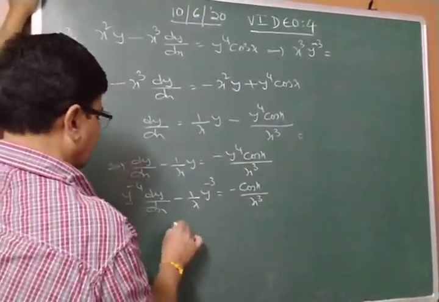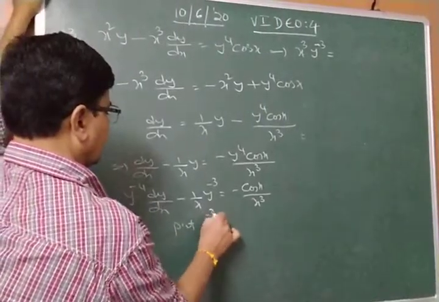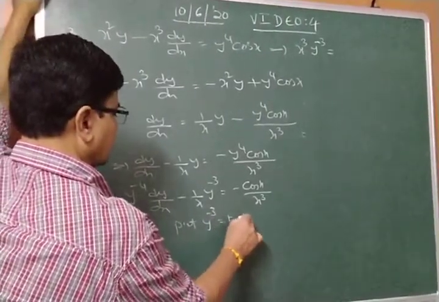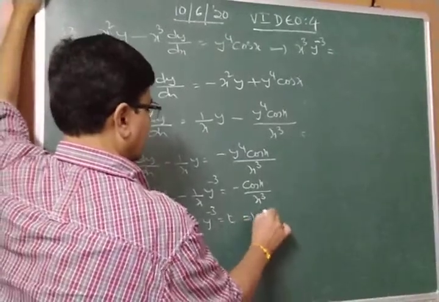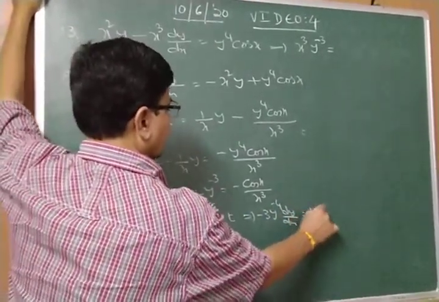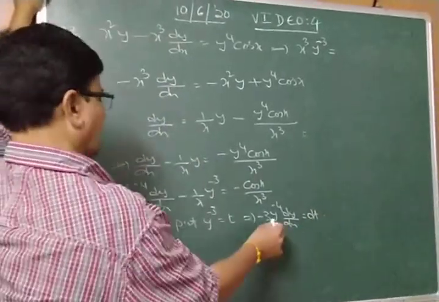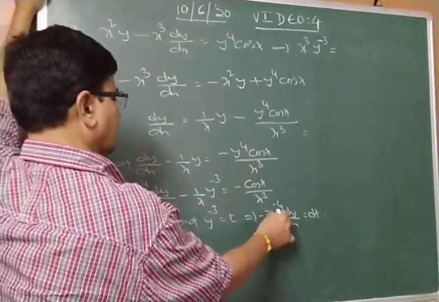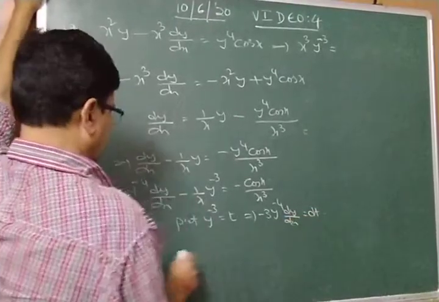So here we take y to the power of minus 3 is equal to t. Now this is minus 3 into y power minus 4 into dy by dx is equal to dt. So y power minus 4 dy is equal to dt by minus 3.